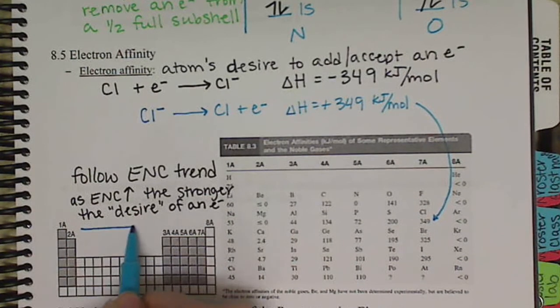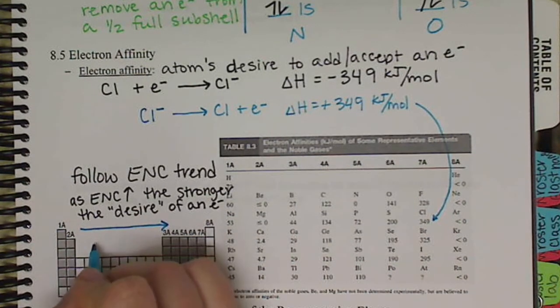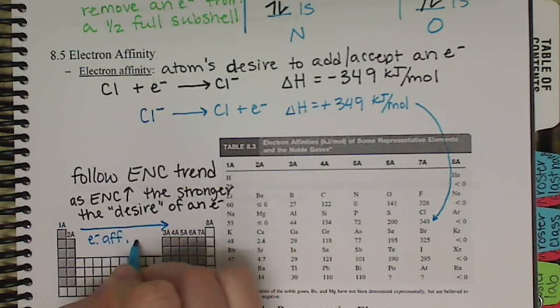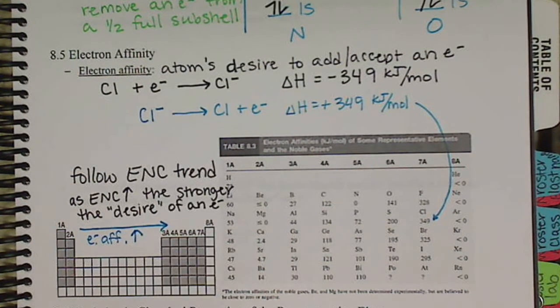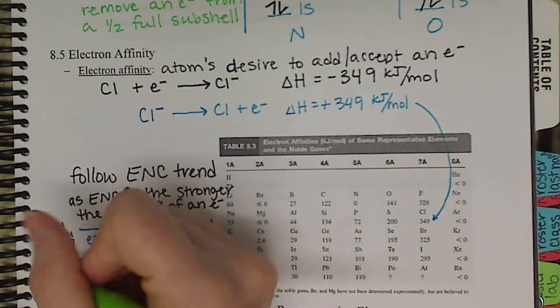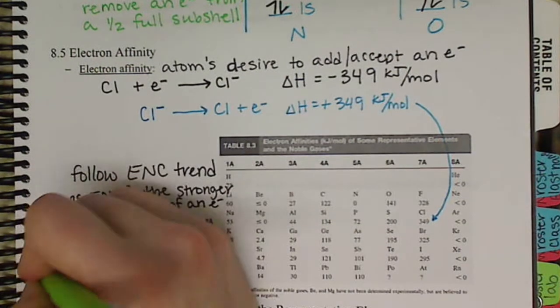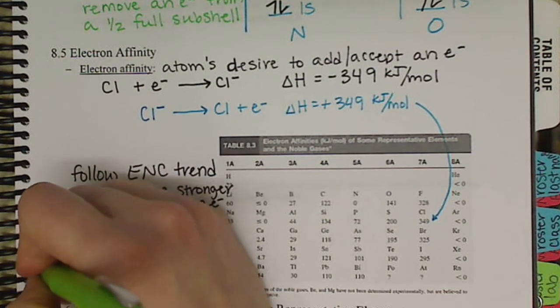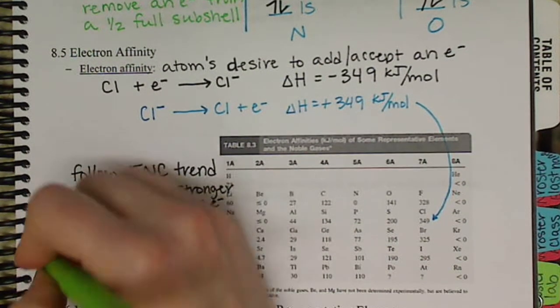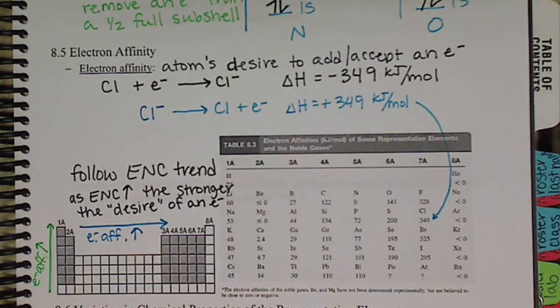So as we move from left to right, our electron affinity is going to increase. And also as we move from bottom to top, our electron affinity is also going to increase.